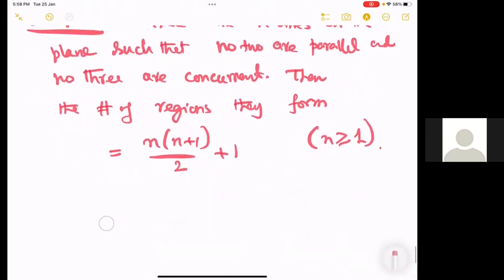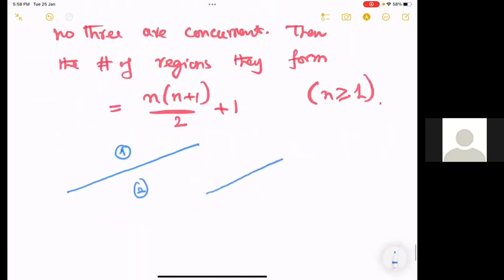If you put just one line, it divides the plane into two parts, right? Put two lines: one part, two parts, three parts, four. Plug 2 here, you can exactly see the value is 4. And you have to prove this fact for general n.